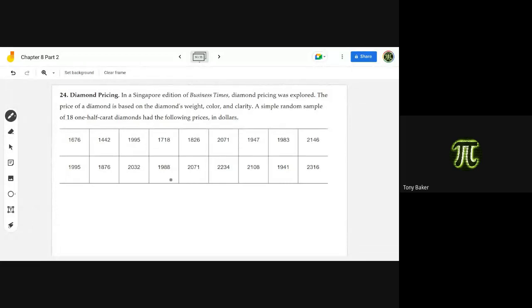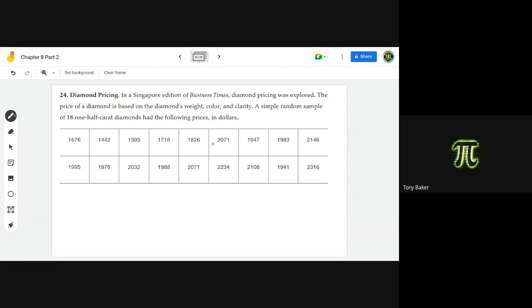Now, just because the sample is small does not mean we have to use the t-score. Don't make the assumption that if it's under 30, you have to use the t-score. If it's under 30, we just have to check and make sure it's normally distributed. If they give me the population standard deviation, I still can do my z-score. So I need to know, do I know the population standard deviation for this problem?